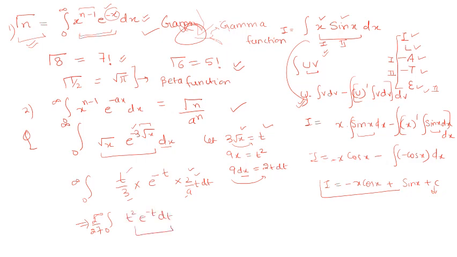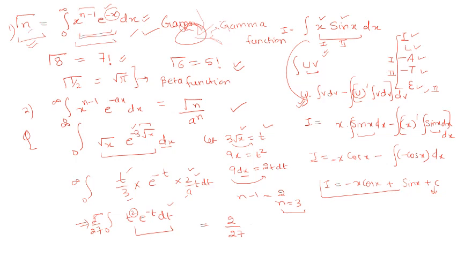Now you can see this is in the form of this formula. So x raised to power n minus 1, so n minus 1 would be 2. That means n is 3, right? And here e raised to power minus t, which is of course here, see x is t here, right? So 2 by 27, and it is what? Gamma n.